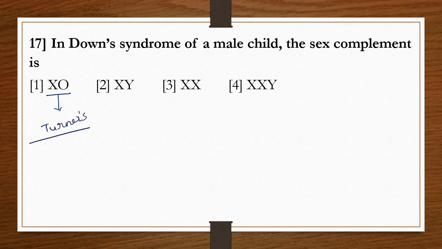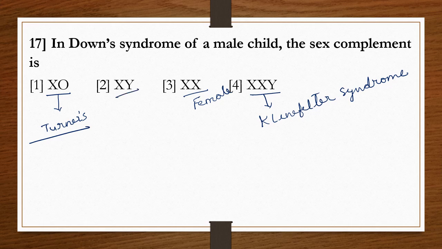And XXY is the sex complement in the Klinefelter syndrome. XX is a normal female and XY is a normal male condition.